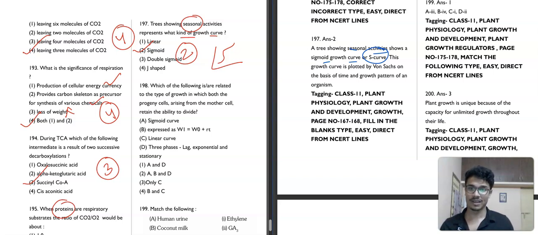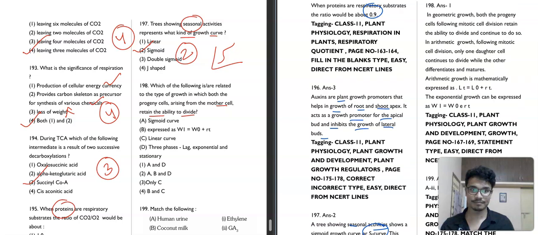Which of the following is or are related to the type of growth in which both the progeny cells arising from the mother cell retain the ability to divide? In geometric growth, both the progeny cells following mitotic cell division retain the ability to divide and continue to do so. In arithmetic growth, in mitotic cell division, only one daughter cell continues to divide while the other differentiates and matures. Arithmetic growth is this and exponential growth can be expressed as this.